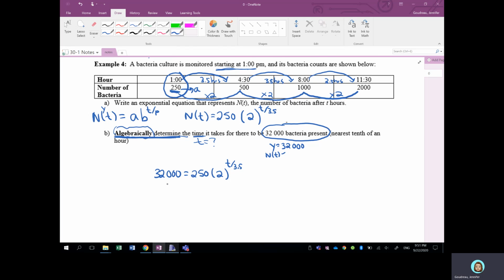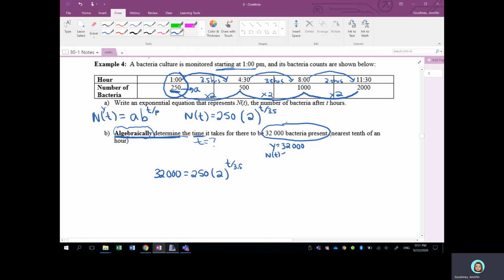Step 1, when we solve algebraically, is to get everything into the same base, but we have a bit of a problem. And the 250 is creating the problem. I cannot take 250 and write it as a base of 2. So right now, it's going to be really hard for me to get everything into the same base because of the 250. But here's what we can do.